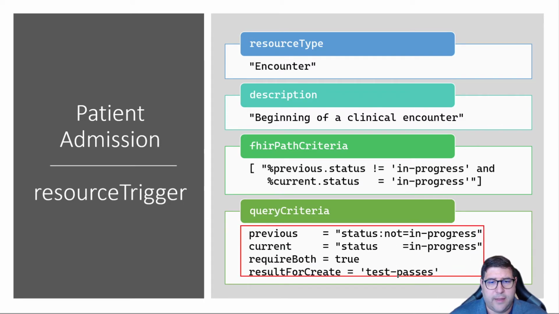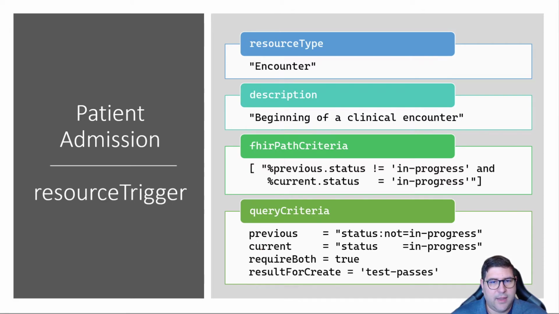Another way we have of defining them is this query criteria. So essentially, we're just giving it these two, previous and current. We're saying anytime the previous encounter has a status that is not in progress, and the current has a status that is in progress.